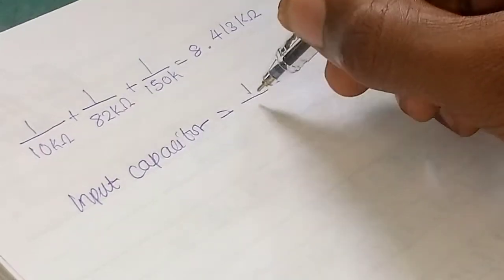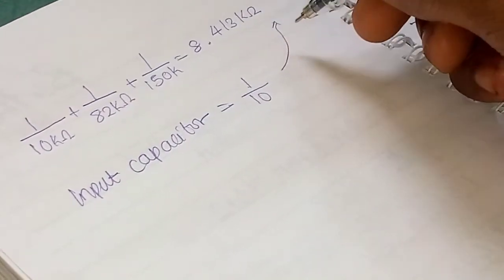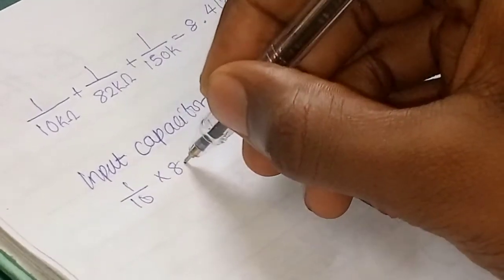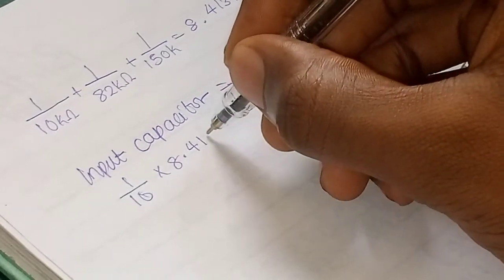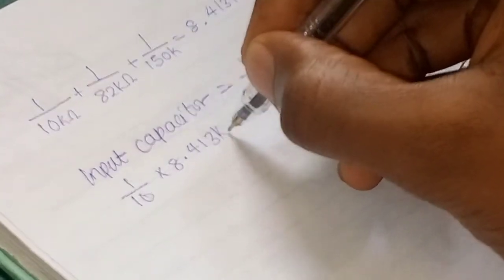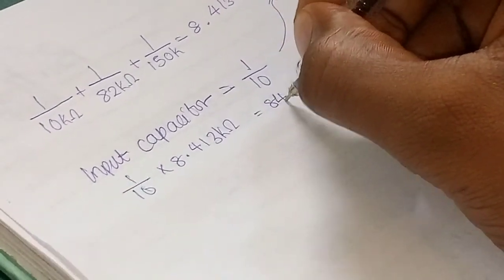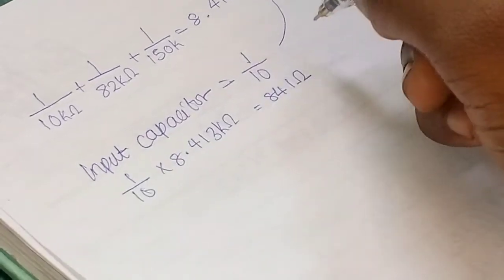To find an input capacitor, we need a value that has an impedance a lot smaller than 8.413 kilo ohms, so as to allow almost all the input signal to appear at the amplifier's input. A good choice will be a capacitor that has an impedance of 1/10 of the input impedance at the lowest frequency that we want to amplify. For audio, it is 20 Hz.